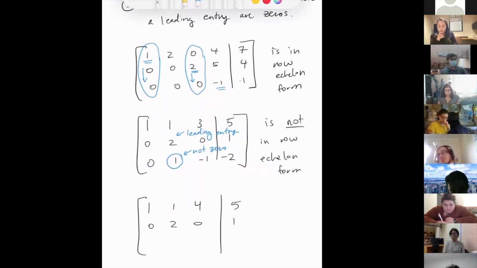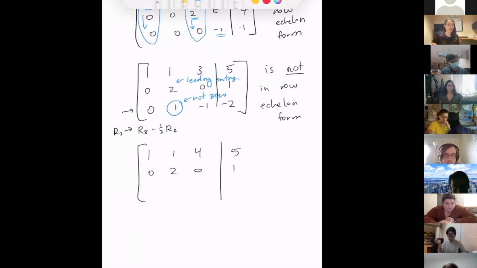Yes, you could replace the third row with, you just have to figure out a way to get rid of that 1, basically. So row 3 goes to row 3 minus 0.5 row 2. Yeah, exactly. So you can manipulate it to be in row echelon form.